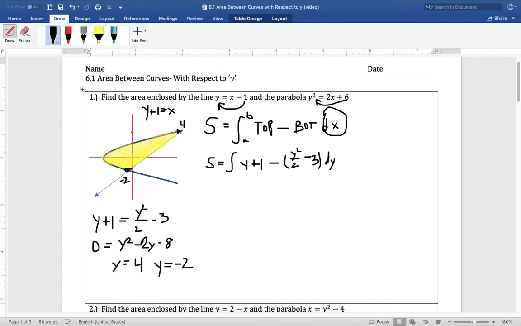We're talking y values, remember. 4, negative 2. Okay, so we have negative 2 and 4.